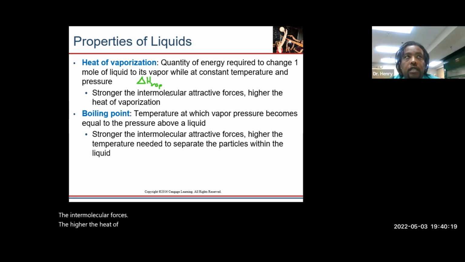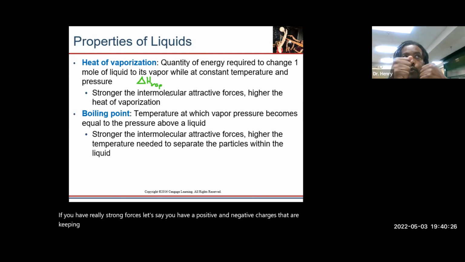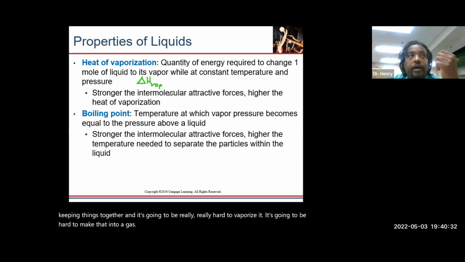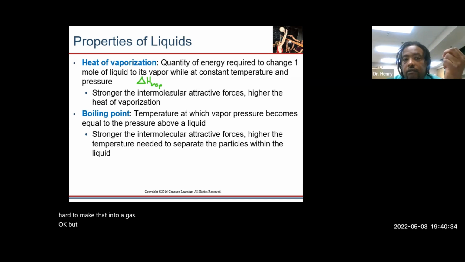So in other words, if you have really strong forces, let's say you have positive and negative charges that are keeping things together, it's going to be really, really hard to vaporize it. It's going to be hard to make that into a gas. But the weaker it is, it's going to be real easy to make it into a gas.